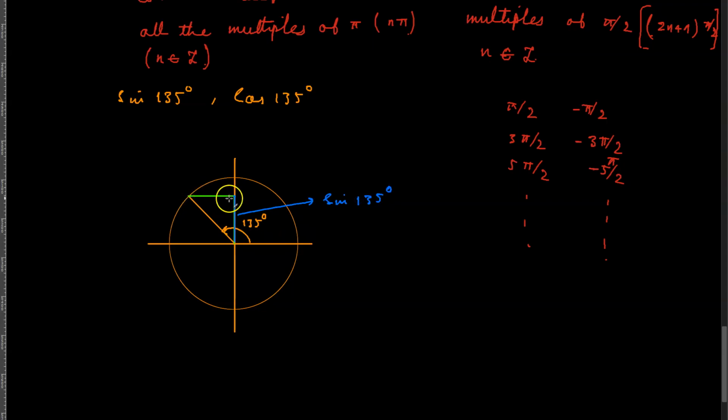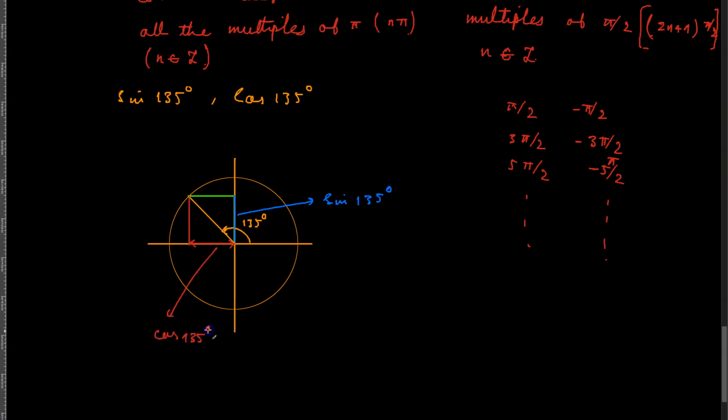The cos of this angle I have to measure along the horizontal axis, meaning that this distance here is the cos of 135 degrees, right?